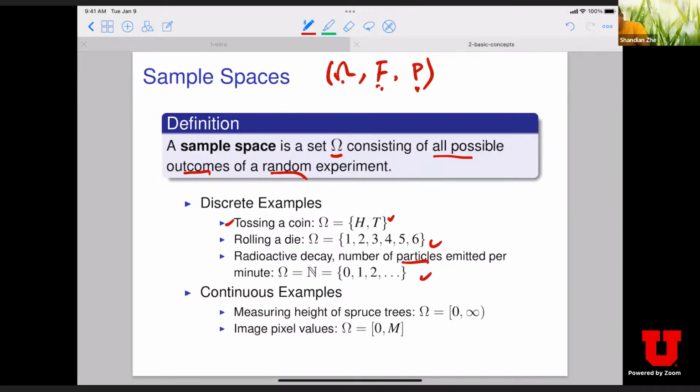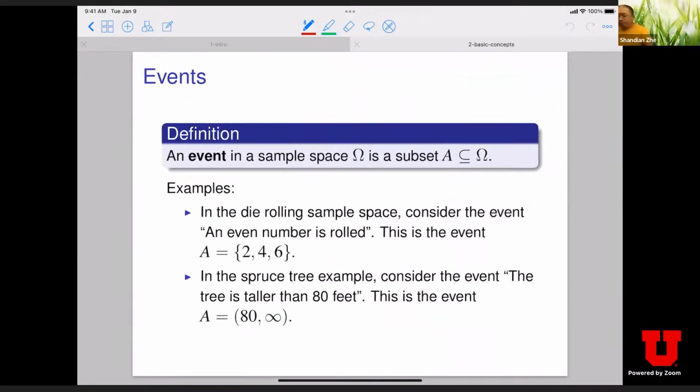And continuous examples, for example, height. It could be any continuous non-negative number. Or image pixel value, which has an upper bound, so it's a range between 0 and M. So this is called the sample space.